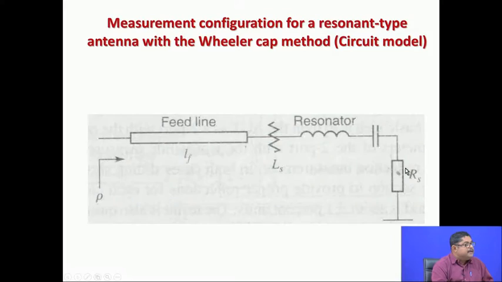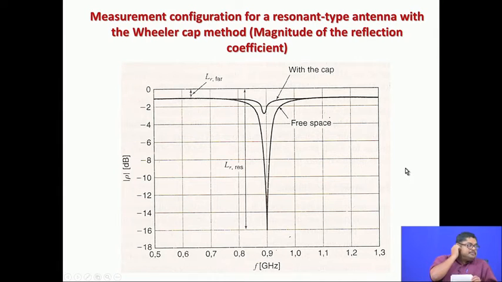Now, measure the return loss. You will get something like this with the cap, and something like this without the cap. From here you can find out the loss without the cap, which we call LR. At a non-resonant point the antenna is not radiating, so this is actually the loss resistance LR.